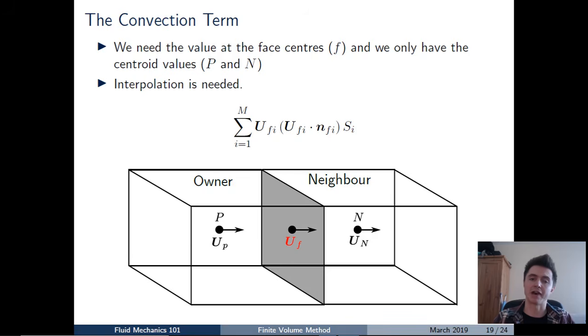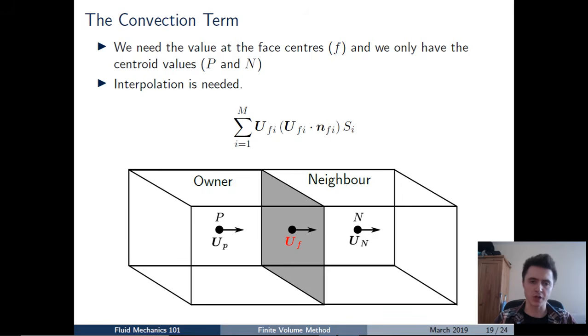And it's the velocity at that face center that we need in order to work out the summation of these convection terms. This process will be repeated for every neighbor cell that surrounds our cell P.